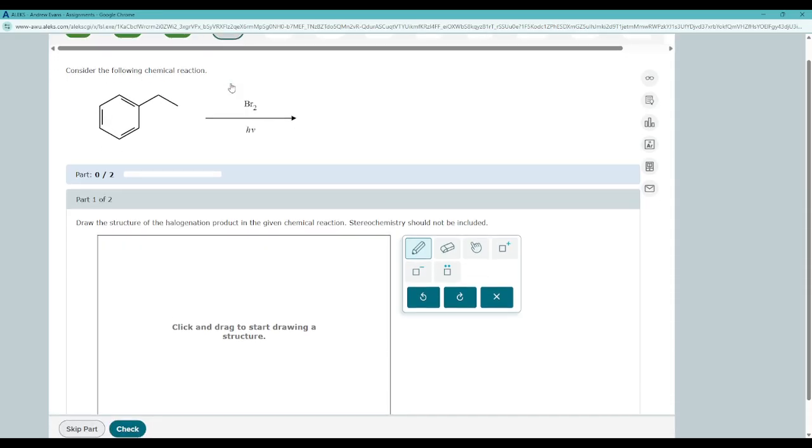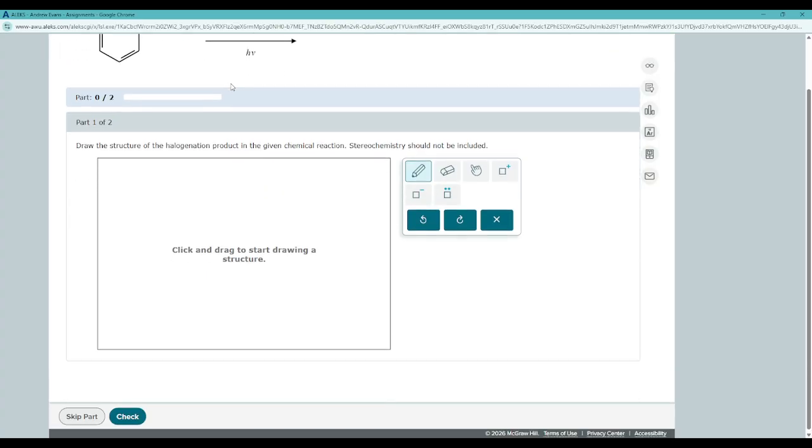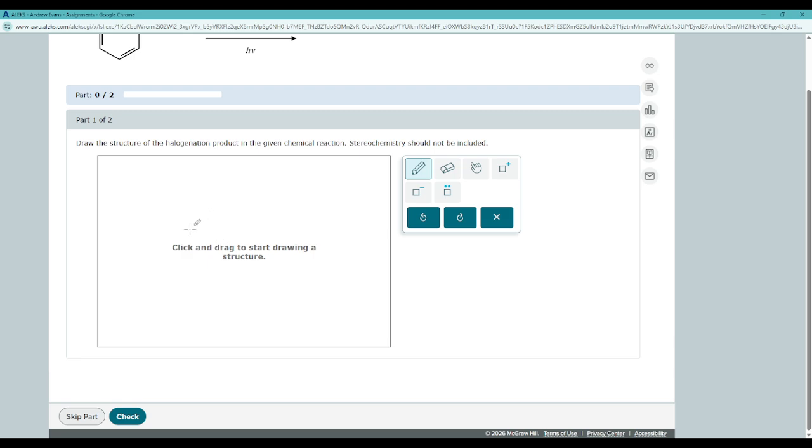Okay, bromine. Here's the thing. Radical. It's not going to want to attack the ring. So we have a secondary position and a primary position. Which one is going to be the most stable?